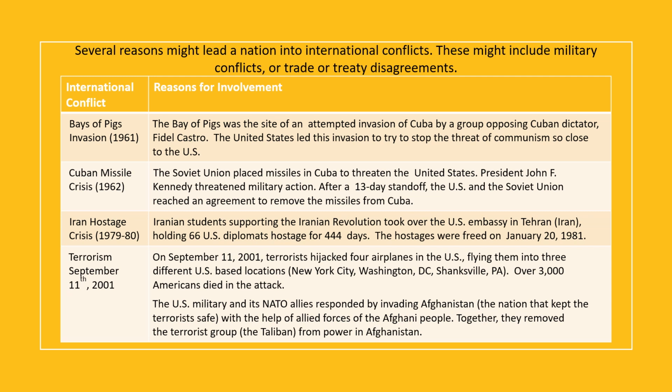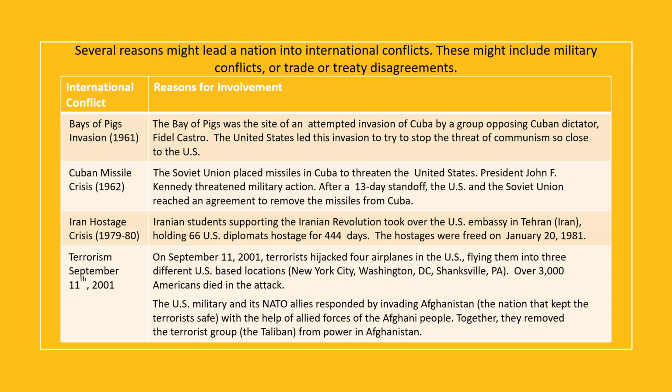Now, President Jimmy Carter was president at the time that the U.S. diplomats were taken hostage, and after Ronald Reagan was elected president, he negotiated the release of the hostages, which then happened on the day of Reagan's inauguration, which was January 20th, 1981.